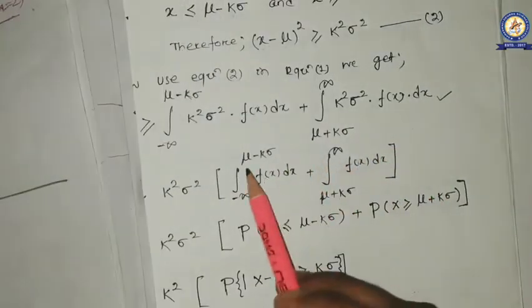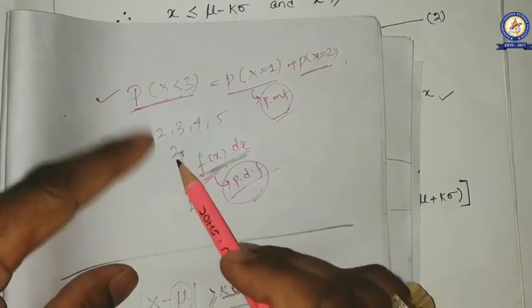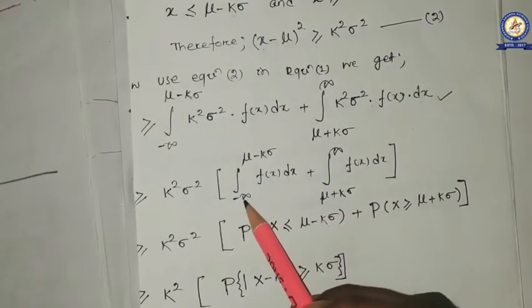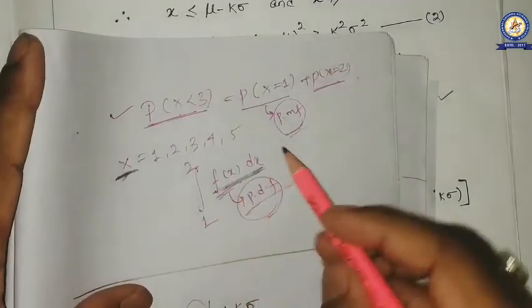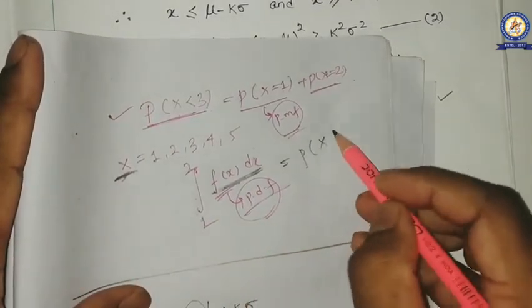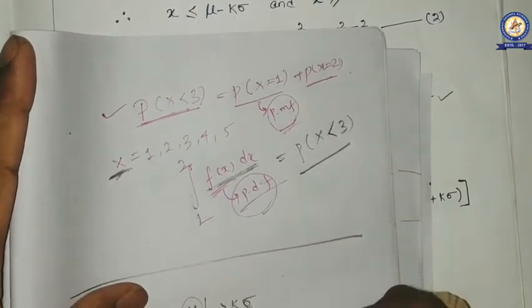Same thing is written here, with the limit minus infinity to mu minus k sigma. That means this is the probability of x less than 3, right?